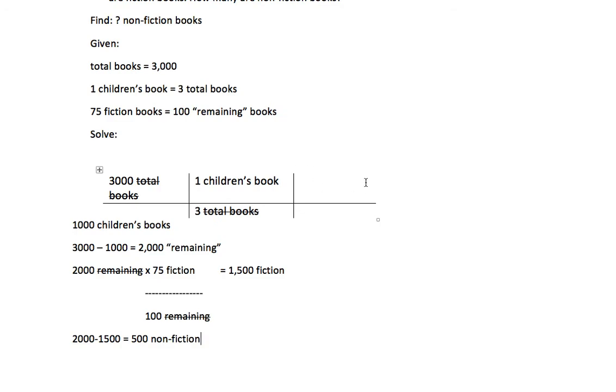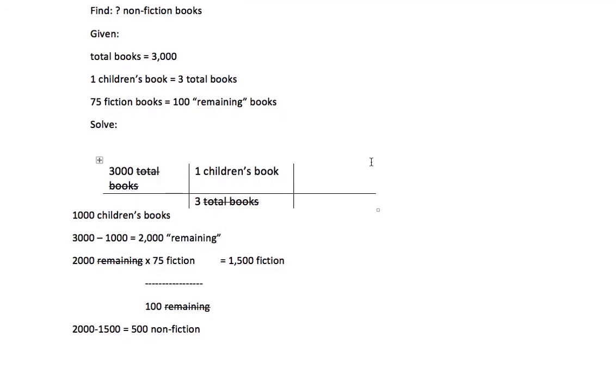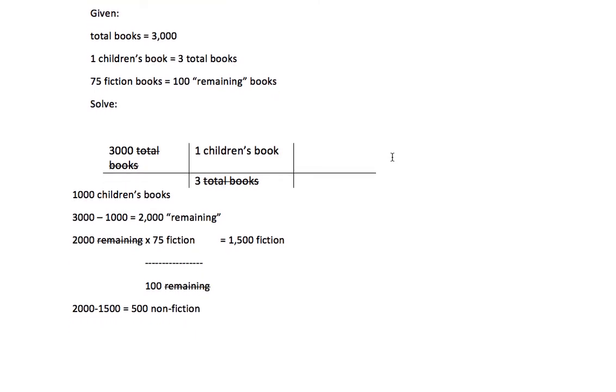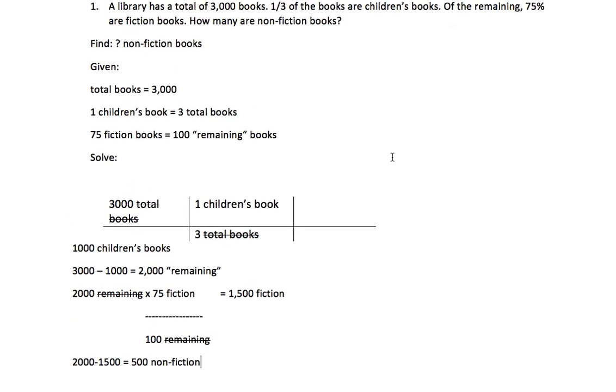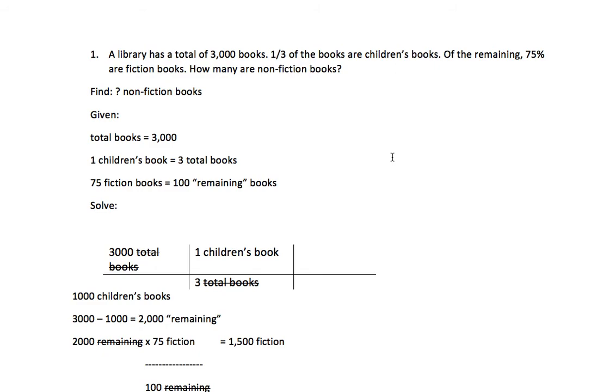So this is a question that in some form does tend to show up on the HESI frequently. It's not going to be with these numbers for sure. I made up these numbers, but it's probably going to be the same process.